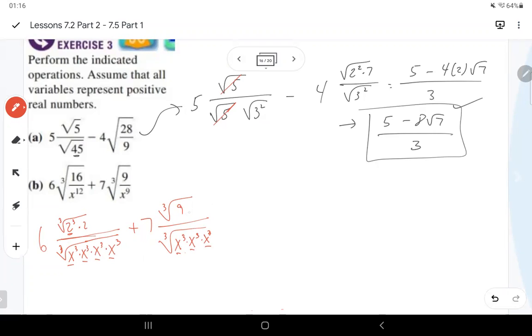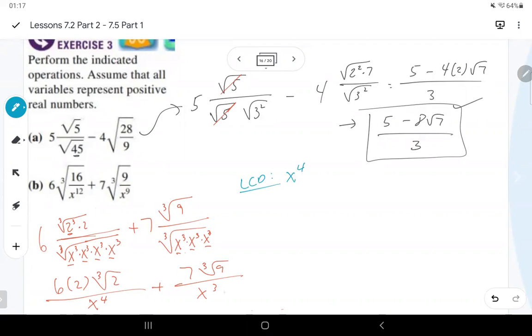And then, like I said, the 7 stays the same over there. It doesn't change. So we would have 6 times 2 cubed root of 2 all over x to the 4th plus 7 cubed root of 9 x cubed. We need an LCD of x to the 4th.